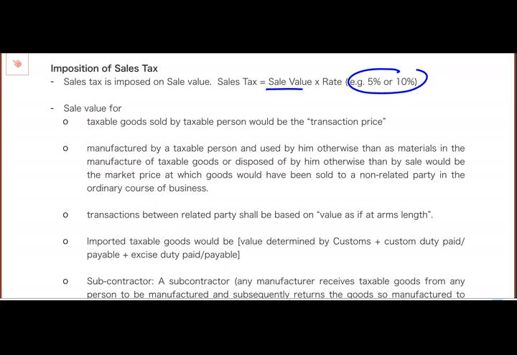Question is, how do you derive that value? Normally the value is the transaction price, that means the price that you're actually selling.